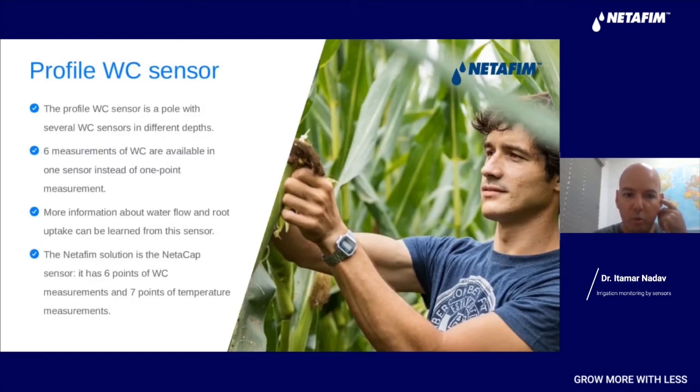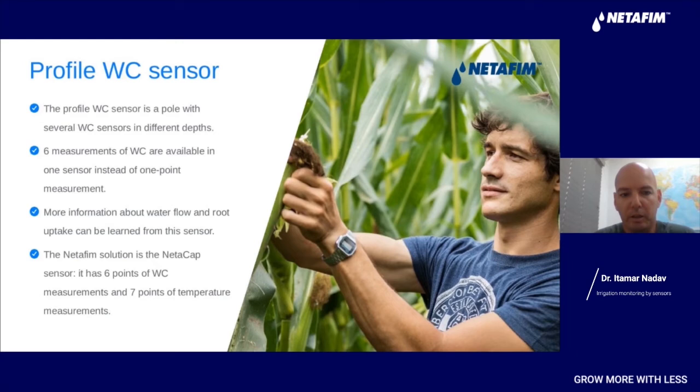And also we have profile water content sensors, which are actually like a pole with several water content sensors inside of it. We have several measurement points along this pole, and you can get a lot of information about water flow and root uptake from different soil layers.